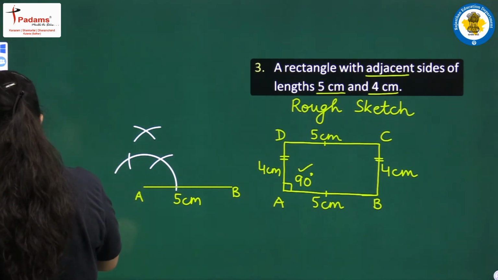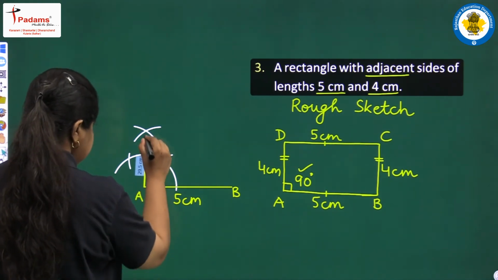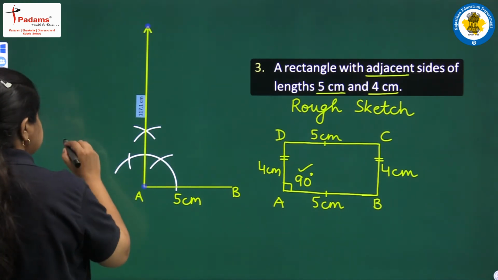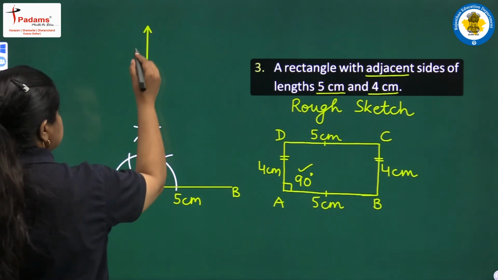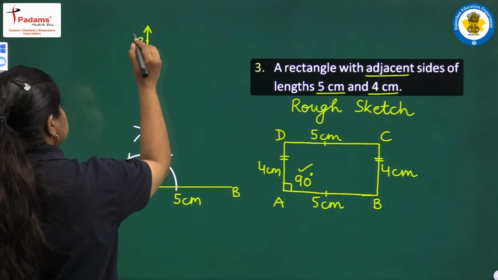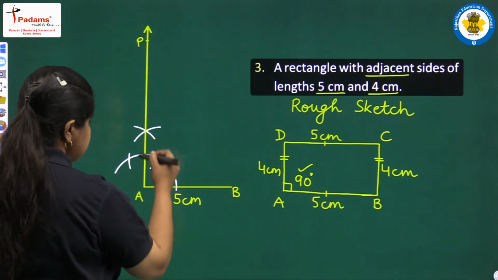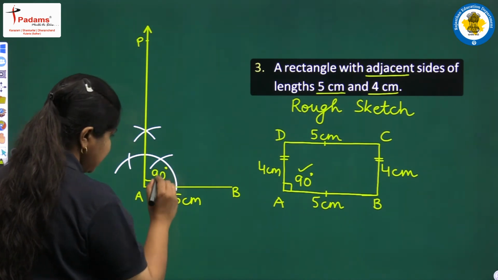For this we will join these 2 points A and this point of intersection of the 2 arcs in this way. Let us give the name also here. Let it be point P. Now this is angle PAB of measure 90 degree.